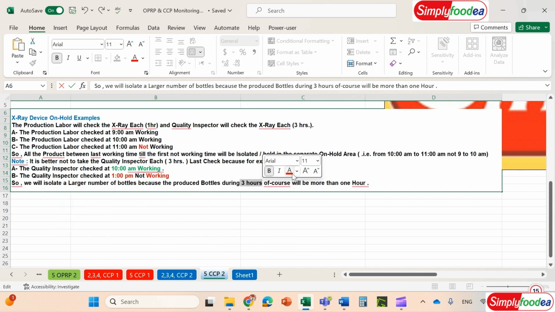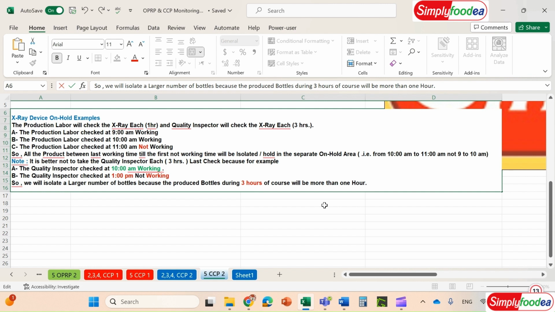This is not the main scope or the main responsibility of the quality department, to support the production. Because to be honest with you, in any facility with a production department and a quality department, there must be cooperation. There must not be fights or arguments between the two of them. There must be cooperation.